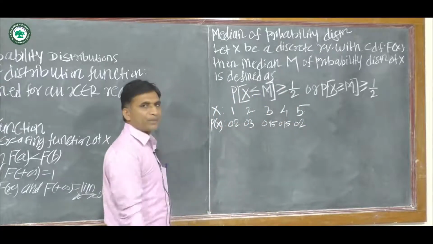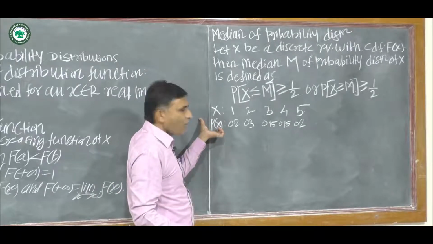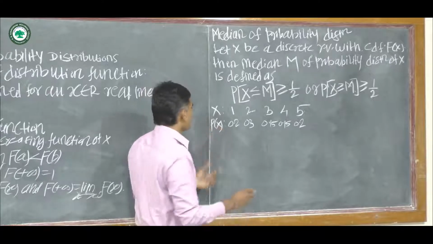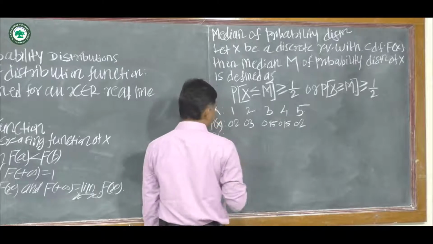This is the probability distribution. Now for this probability distribution, first we obtain the distribution function, that is capital F of x.